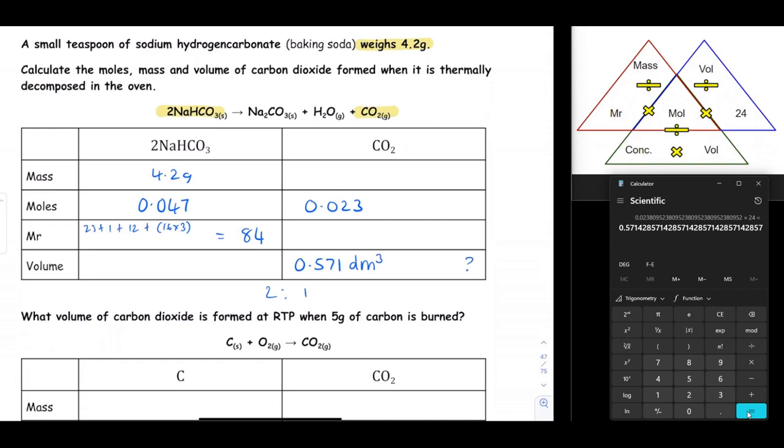But I also need to find the mass. So the MR of carbon dioxide is 12 plus 16 times 2, so that is 44.